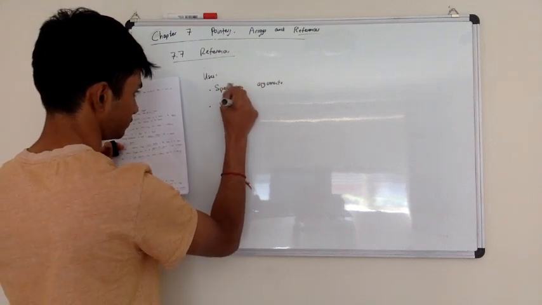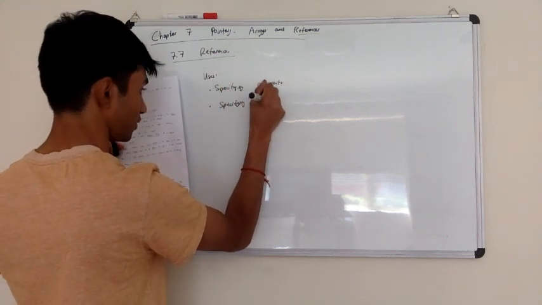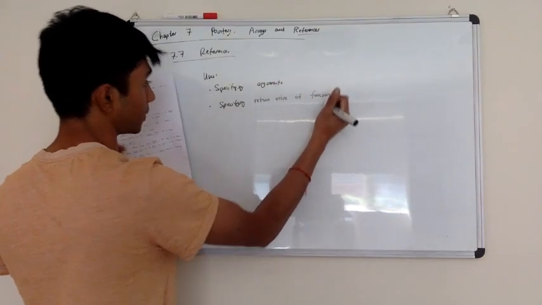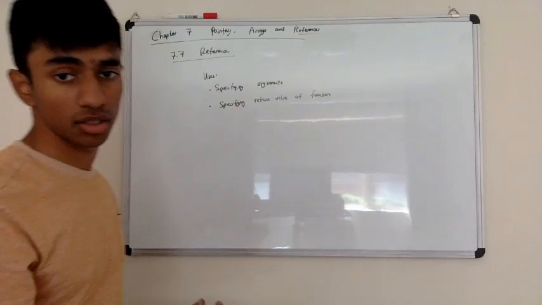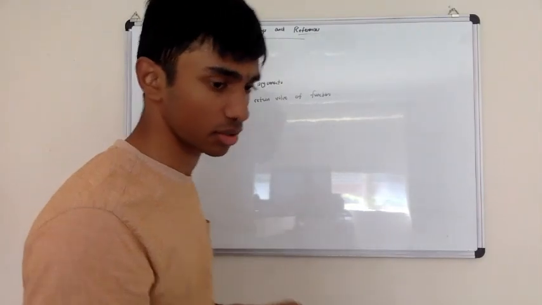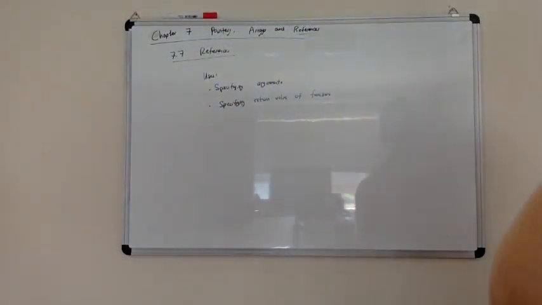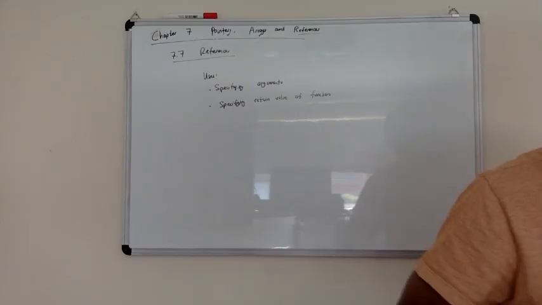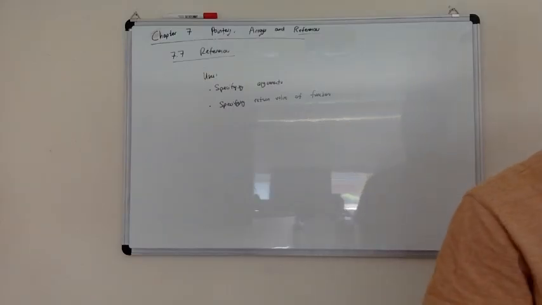Specifying the return values of functions. If you think about the function return type that you specify at the start of a function definition, you might see that the type that is returned is actually a reference rather than a raw object.